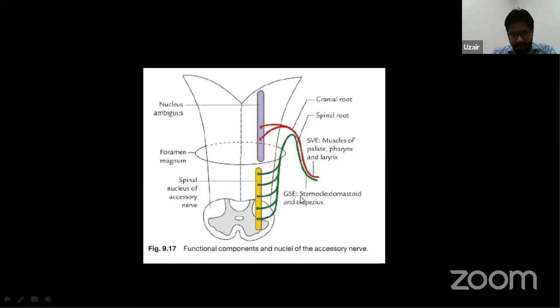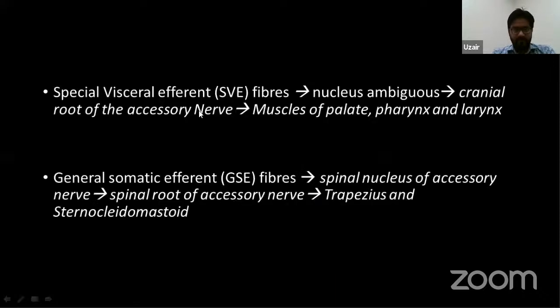So it is responsible for the motor component of the sternocleidomastoid muscles, and obviously the cranial part is responsible for the muscles of palate, pharynx, and larynx. So we have special visceral efferent fibers. The nucleus ambiguus is going to supply the muscles of palate, pharynx, and larynx, and then we have general somatic efferent that arise from the spinal nucleus of the accessory nerve, going to provide the motor component to the trapezius and the sternocleidomastoid.